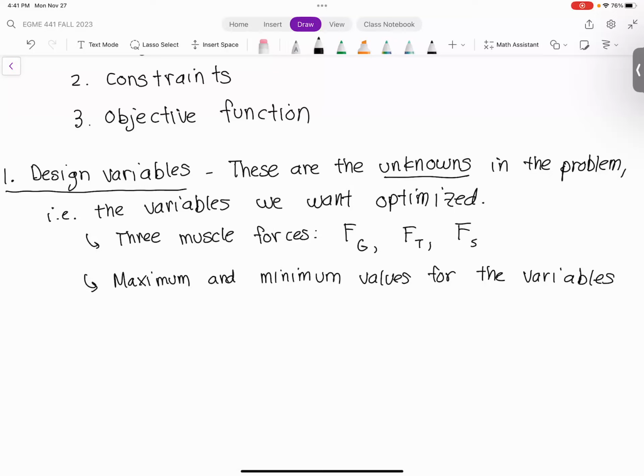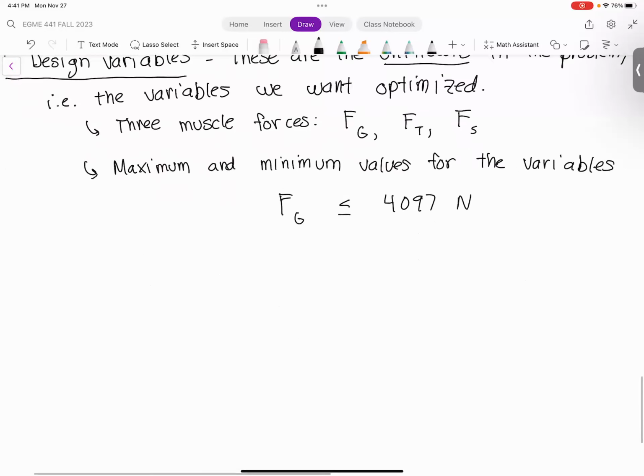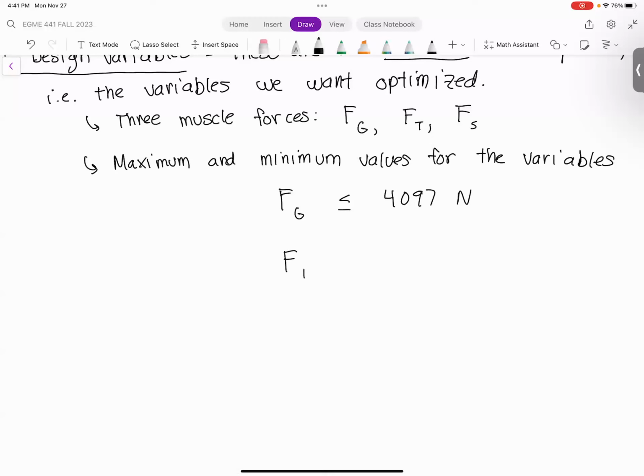Each force has a maximum amount of force that it can exert. So for FG, we know that FG has to be less than 4,097 newtons. FT has to be less than or equal to 3,052 newtons. And FS has to be less than or equal to 6,435 newtons. So those are the maximum values.